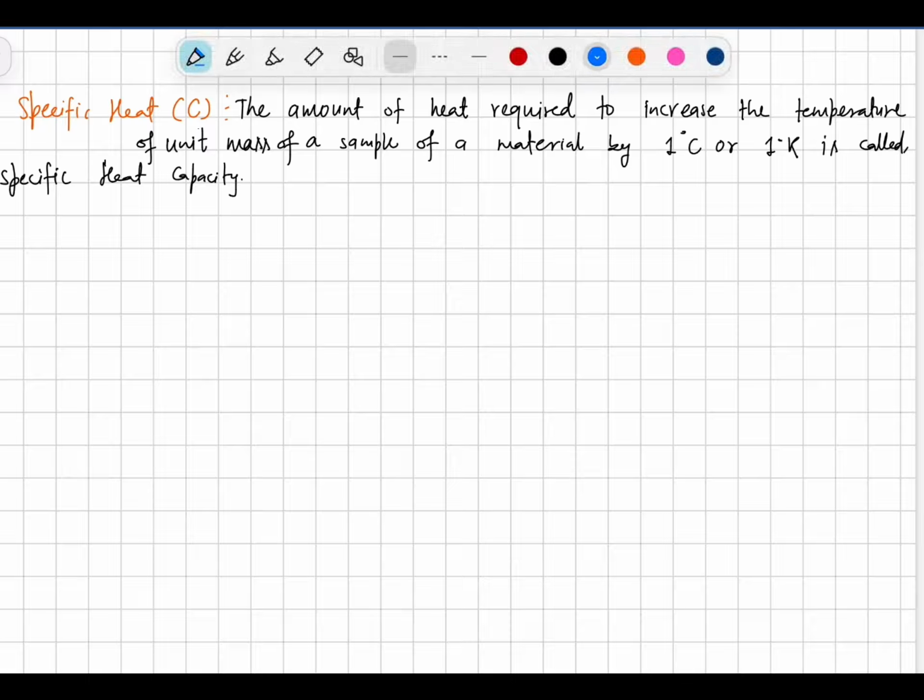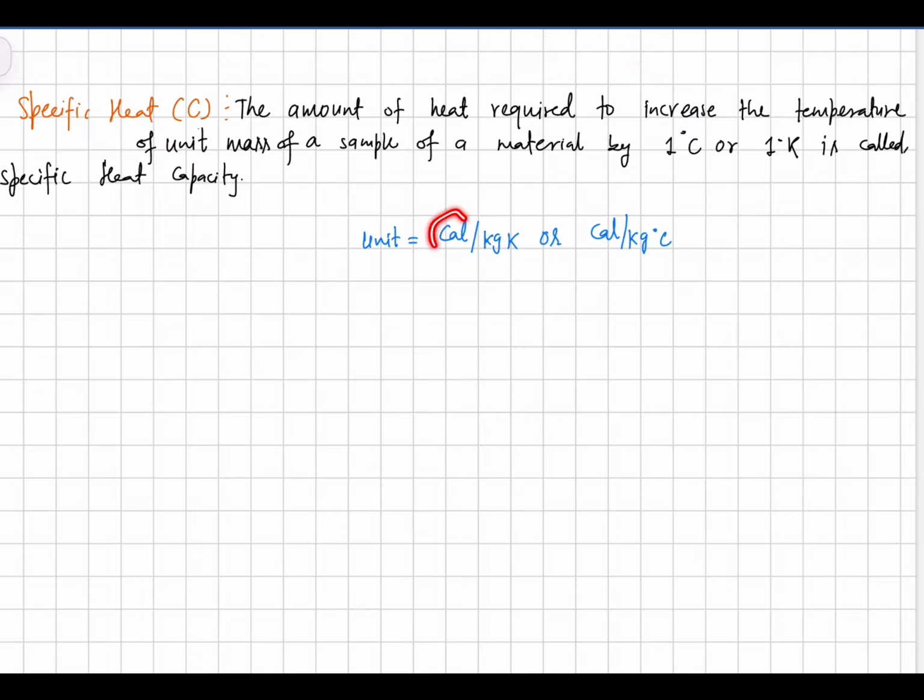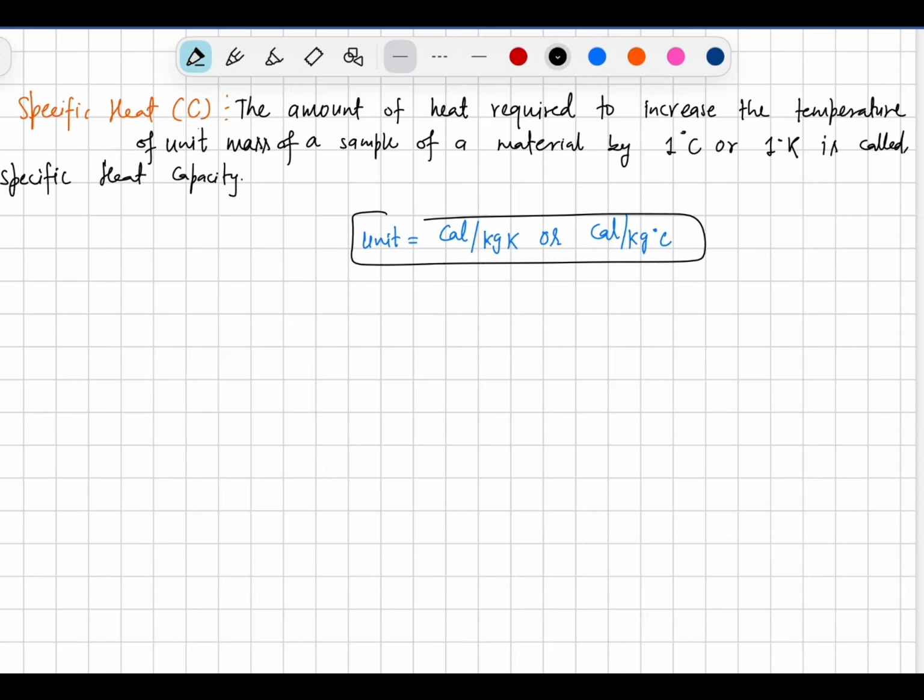Of course, the unit will be calorie per kg per Kelvin, or calorie per kg degree Celsius. And it doesn't have to be calorie, it can be joule also, because 1 calorie equals 4.18 joule. So this is the specific heat.